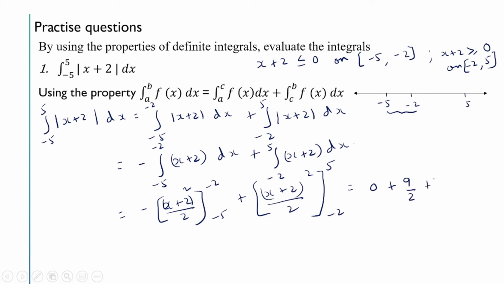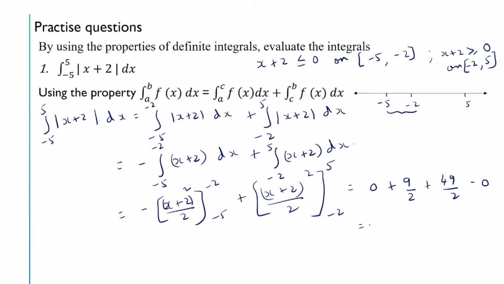Then here when we substitute the upper limit, when x is equal to 5, we get 5 plus 2, 7 square, so it is 49 by 2, minus, when we substitute the lower limit, minus 2 plus 2, it will be 0.